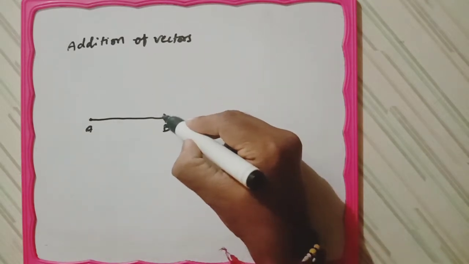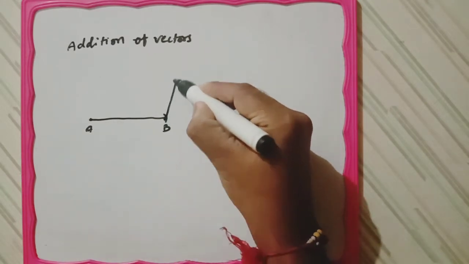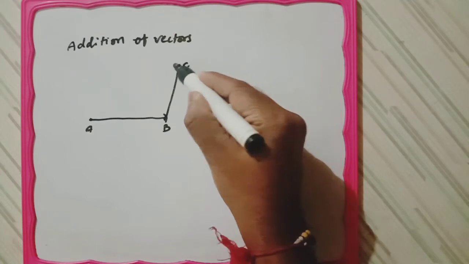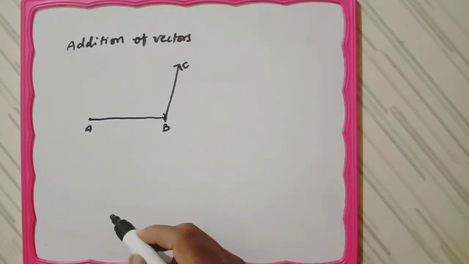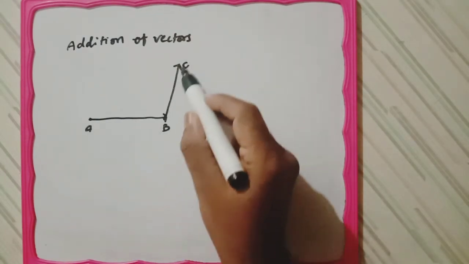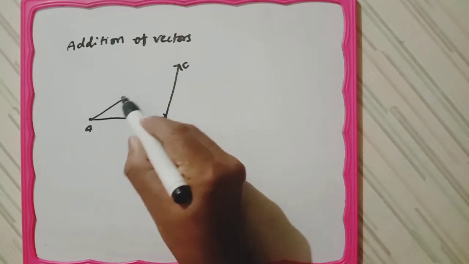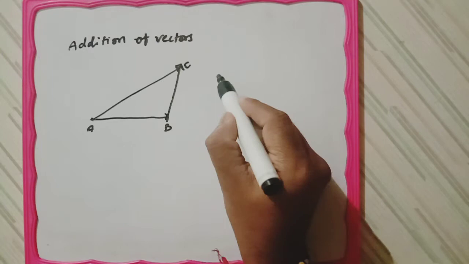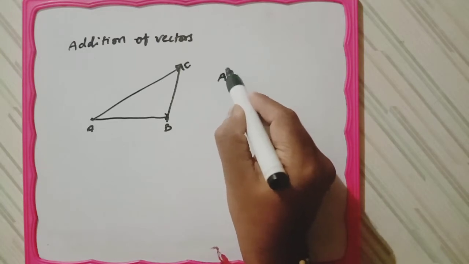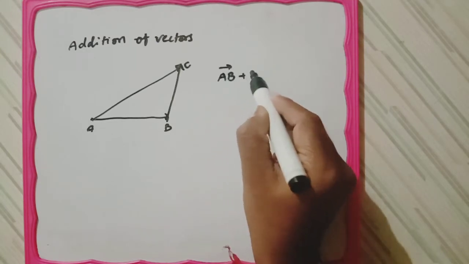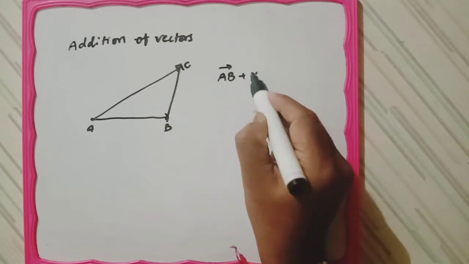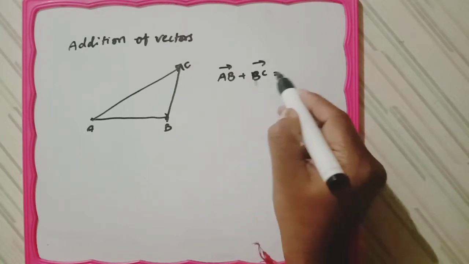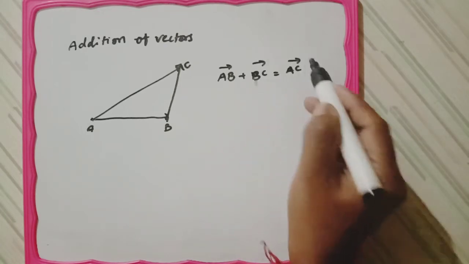Another vector initiates from B and ends at C. Then the displacement of the two vectors will be given by vector AC, and that can be represented as vector AB plus vector BC is equal to vector AC.